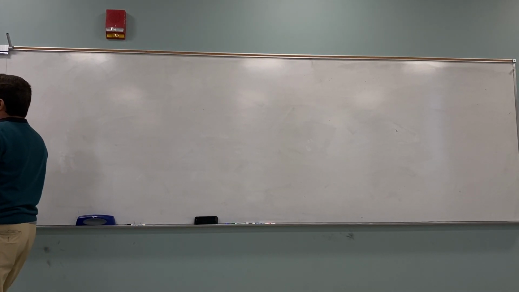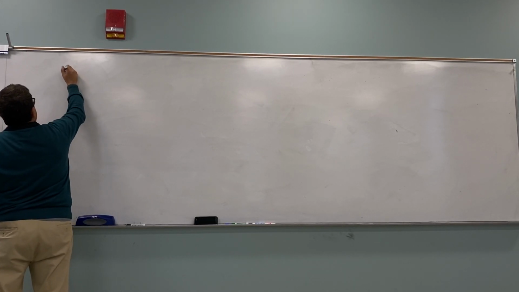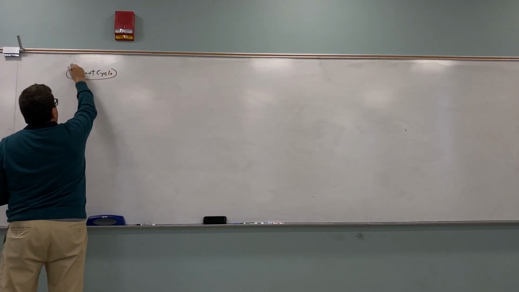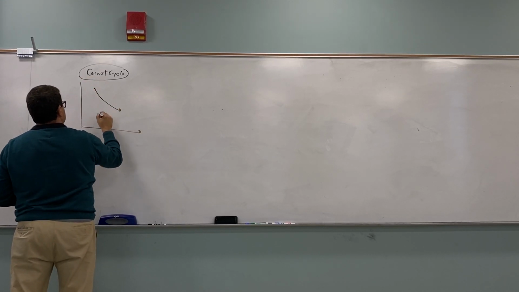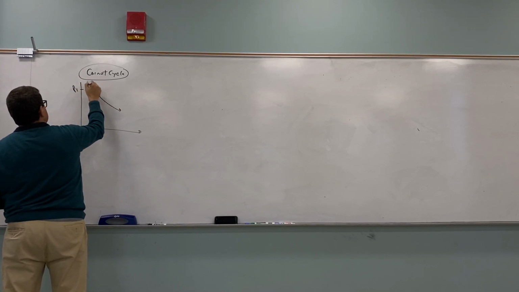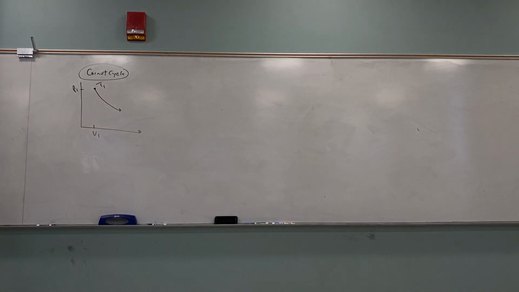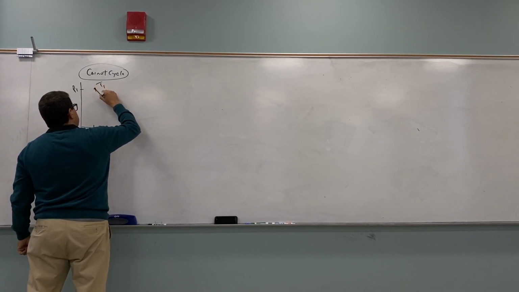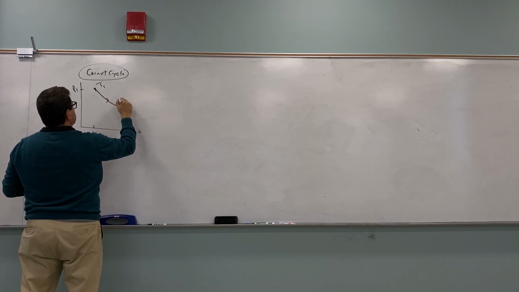For now, let's talk about the cycles, what steps they include, and what their ideal efficiency will be. So the Carnot cycle starts here, with V1, P1, T1. We're going to go isothermal. Beautiful, I love these graphs.